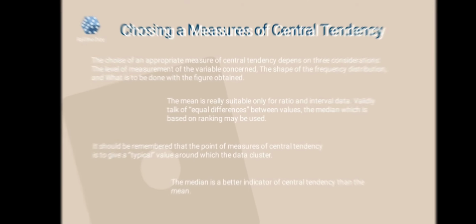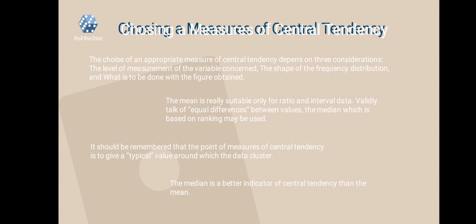Okay, the next is choosing a measure of central tendency. The choice of an appropriate measure of central tendency depends on 3 considerations: the level of measurement of the variable concerned, the shape of the frequency distribution, and what is to be done with the figure obtained.